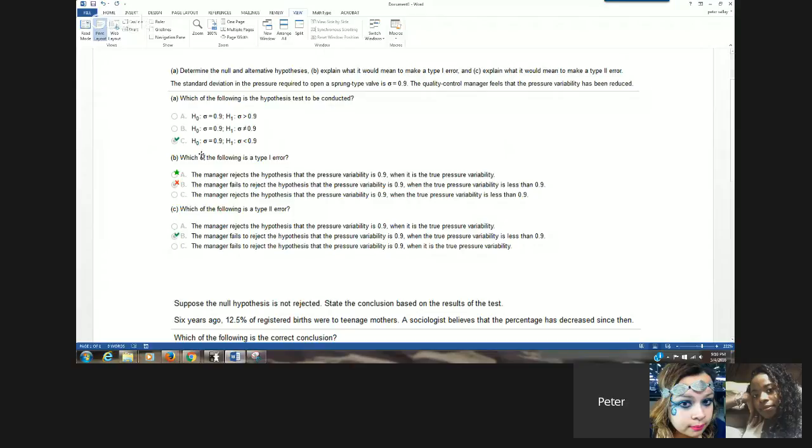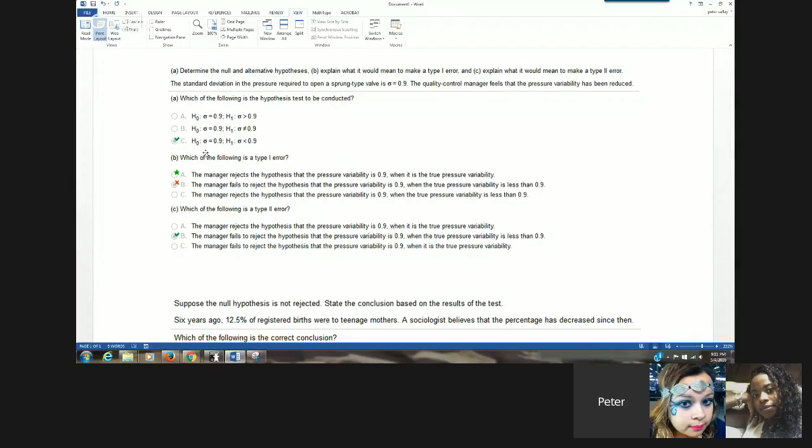So choice A is the type 1, so the manager rejects the hypothesis at 0.9 when in fact it is the true pressure. So in other words, he thinks it's less than 0.9 because my evidence suggests that way, but he really shouldn't have. That would be a type 1 error. Type 2 error is the other way around. That's where I think the null is true when really the alternative is.